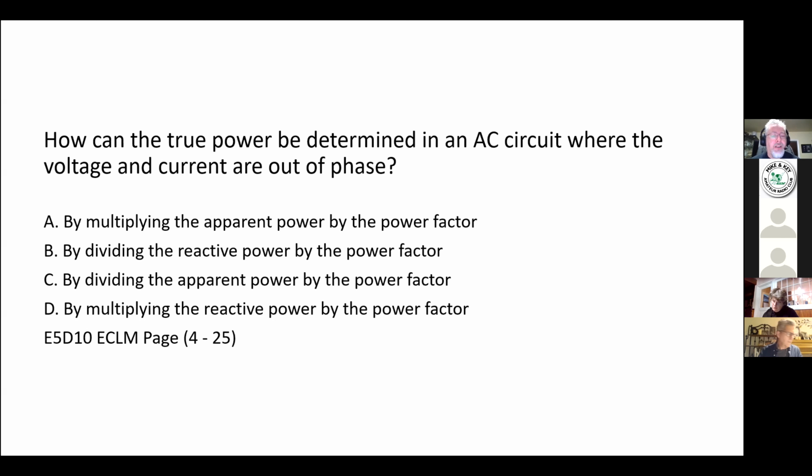C, by dividing the apparent power by the power factor. Or D, by multiplying the reactive power by the power factor. Alpha is correct. When the voltage and current are out of phase, you multiply the apparent power by the power factor.